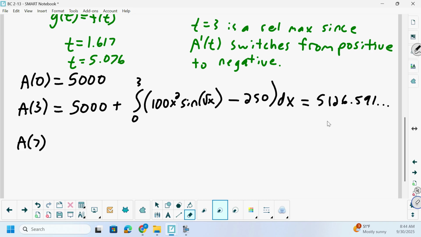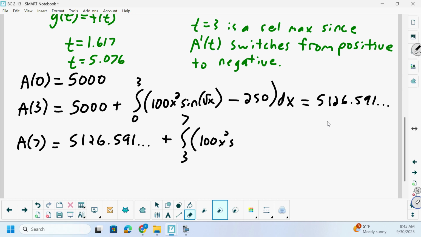Because the g function switches after 3, rather than just doing our integral from 0 to 7, we're actually going to take that 5126.591 dot dot dot, and we're going to add on our integral just going from 3 to 7. Because from 3 to 7, g is always the same, whereas if you did it from 0 to 7, we would have to split up that integral anyway.